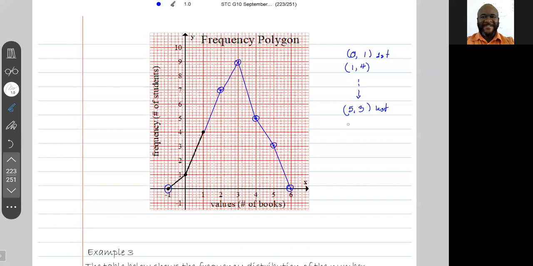So it ends at 6 and it starts at -1. One value before the first one and one value after the last one, it must start and end on the horizontal axis. On the vertical axis for your frequency polygon, you have the frequency. On the horizontal axis, you have the value.